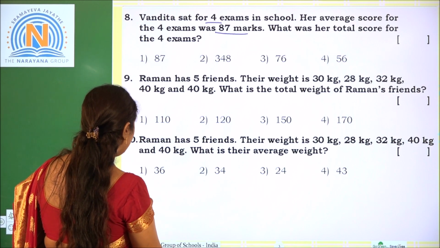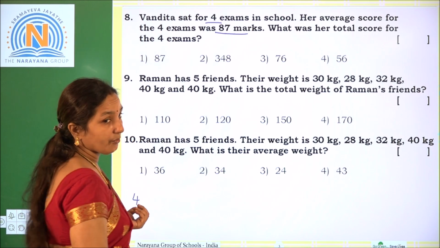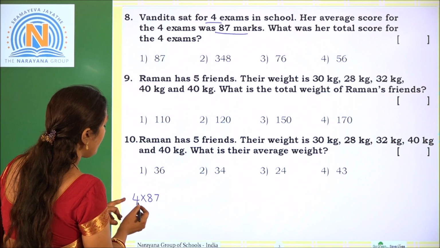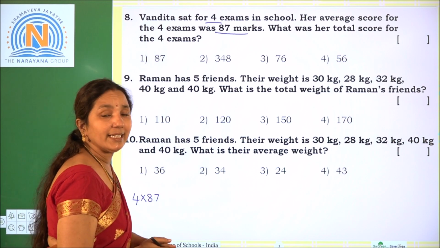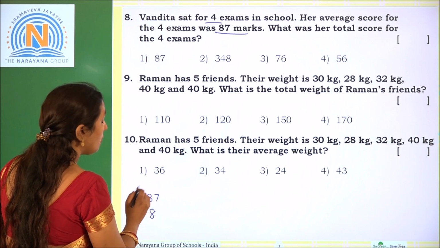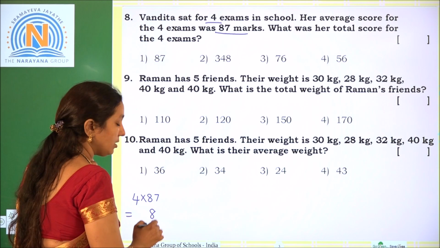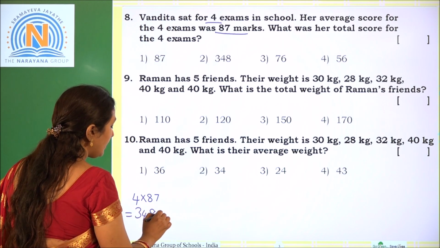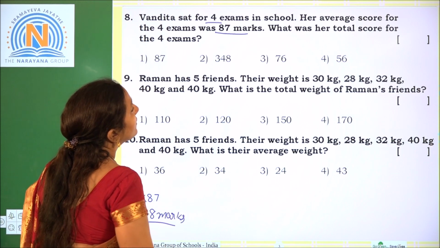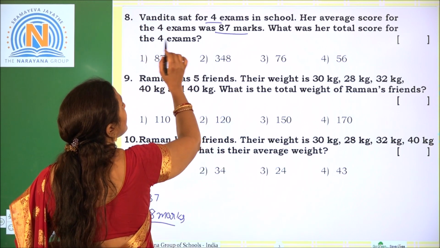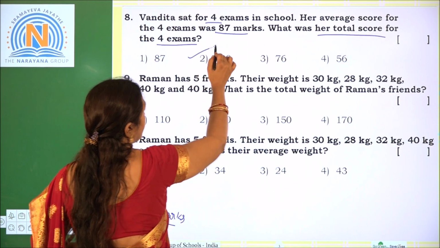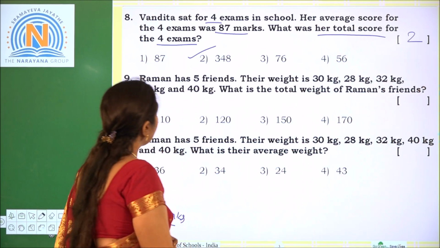Number of exams she wrote is 4 and average score is 87. If you multiply 4 into 87, you will get the total number of marks. So 4 7s are 28, 2. 4 8s are 32 plus 2 is 34. So total 348 marks. So what is her total score of 4 exams? 348. So option 2. Next one.